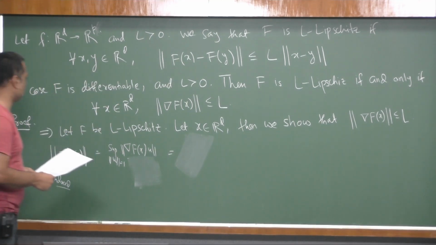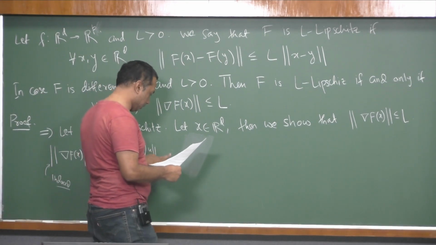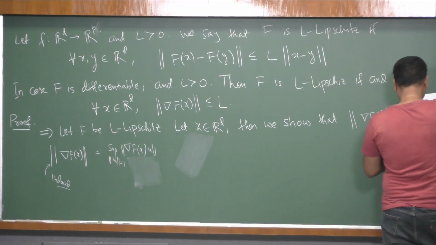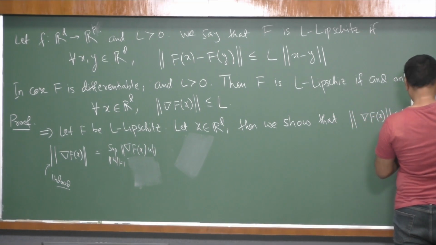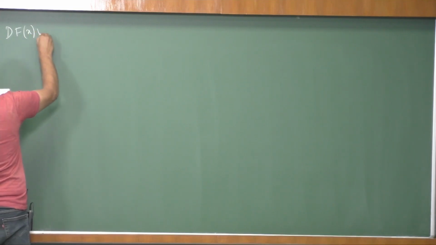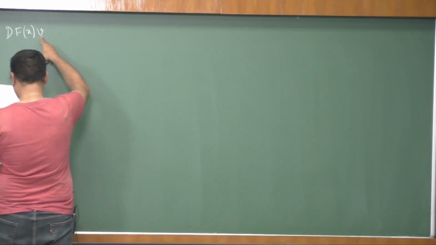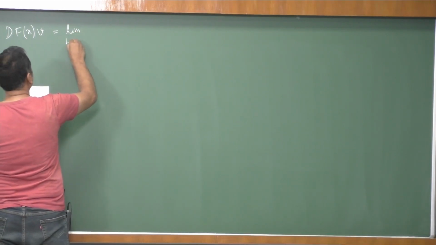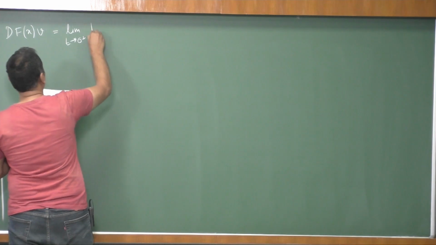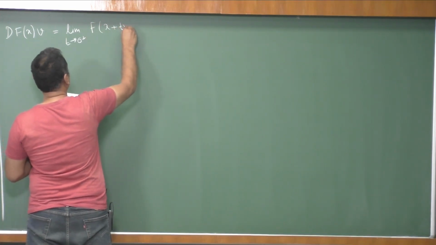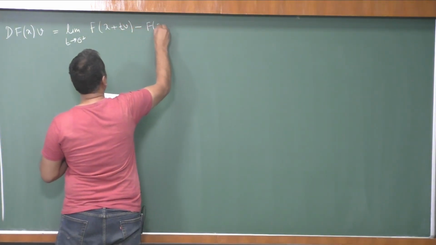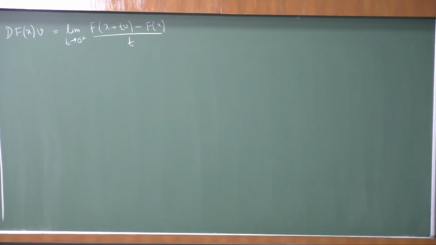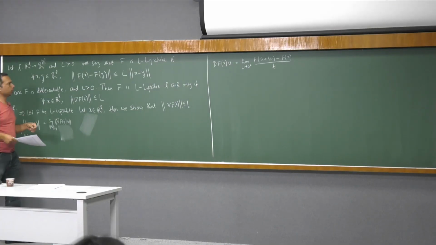So let us use the directional derivative. We keep this here, and the directional derivative df of x in the direction of some vector v, we have defined before. This means the limit as t goes to 0 plus of f of x plus tv minus f of x, divided by t, in the direction of v, but for our purpose we could have taken u.